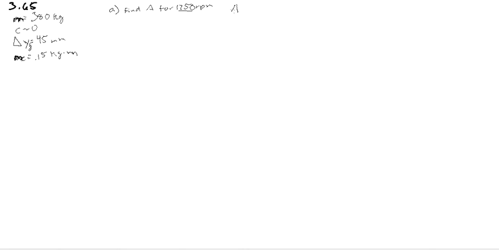Let's start with our amplitude equation and see what we need. Our amplitude for eccentricity is me over the net mass times omega over omega n squared over the absolute value of 1 minus omega over omega n squared.